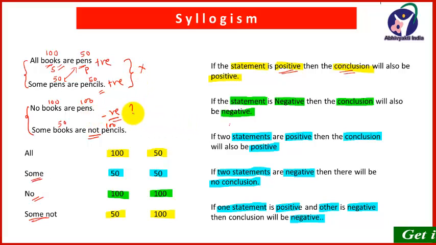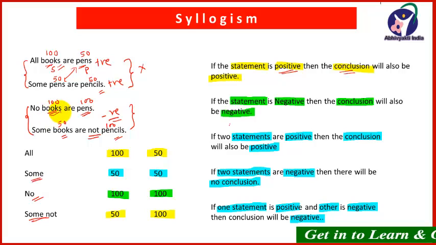Now if you have a conclusion between pens and pencils, you will have to connect these two statements in which books is the common word, and in this, one book, meaning one common word, has 100. Therefore in this case we can connect these two statements.